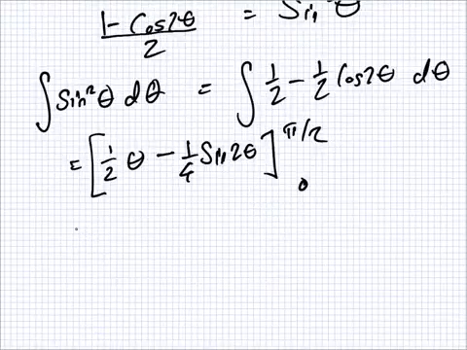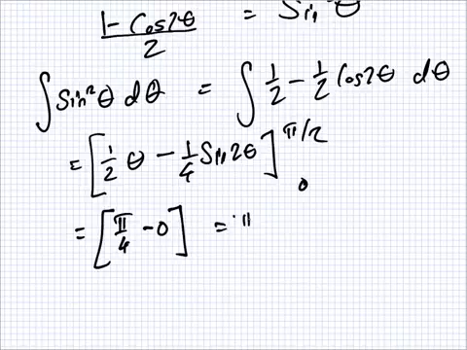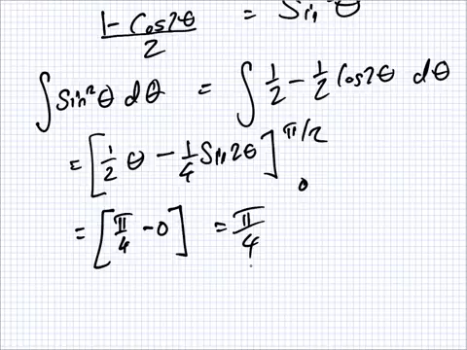So if you put in pi over 2, you'll get pi over 4. Sine pi is 0, isn't it? And then if I put in 0, I get 0. Is the answer pi over 4? Great.